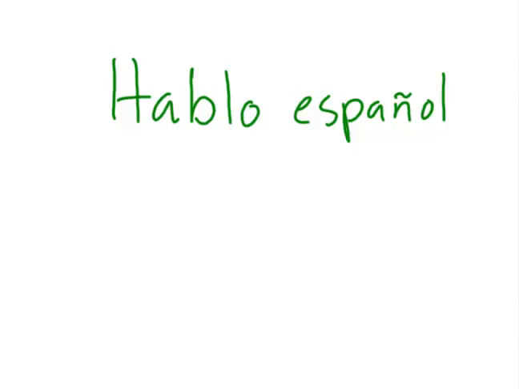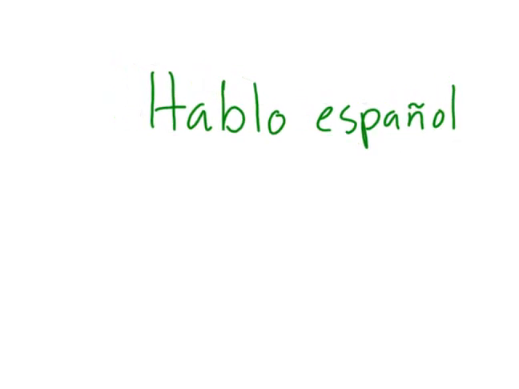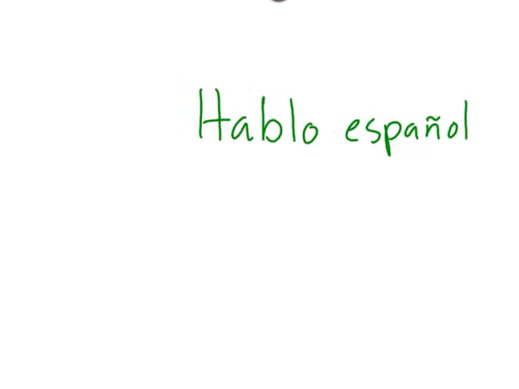No, you're just saying, in general, I speak Spanish. Well, then how would you tell somebody, I am speaking Spanish right now? Oops, I just did it in English. I am speaking. We end up combining two verbs for this phrase, I am and speaking.